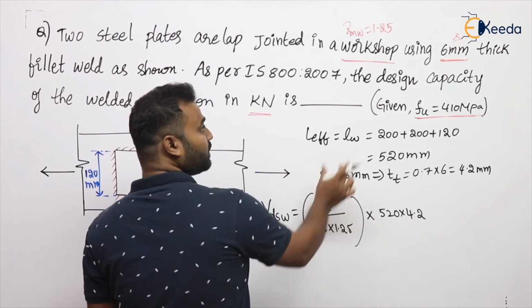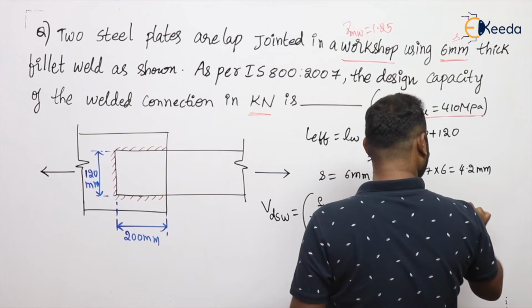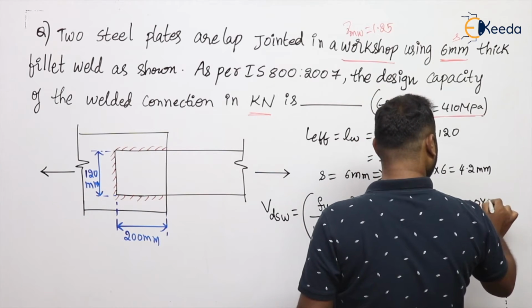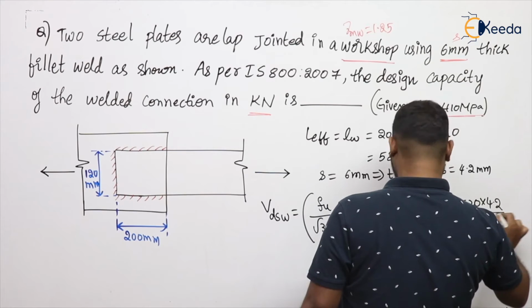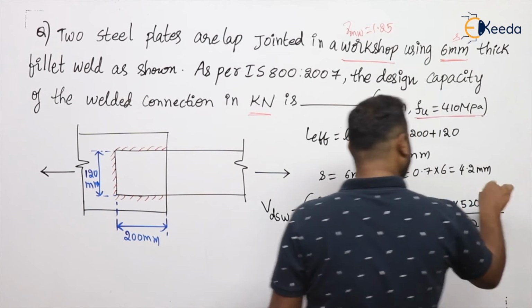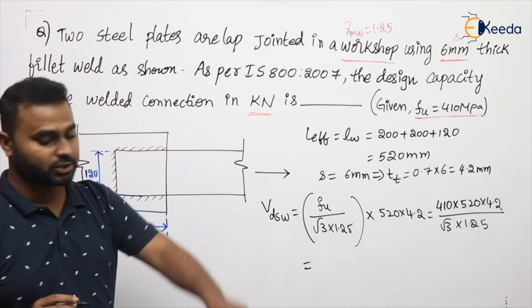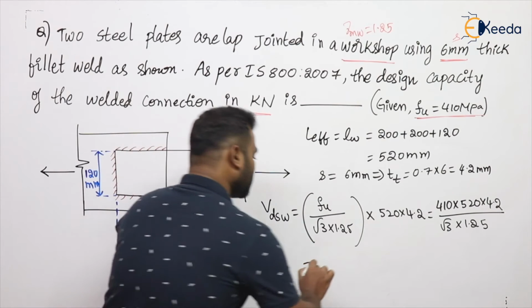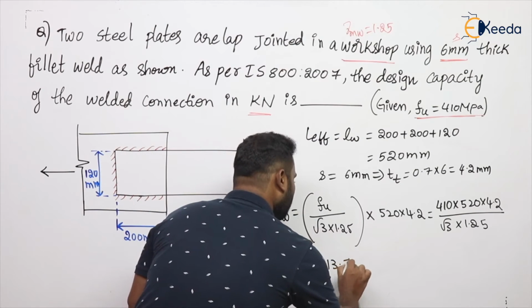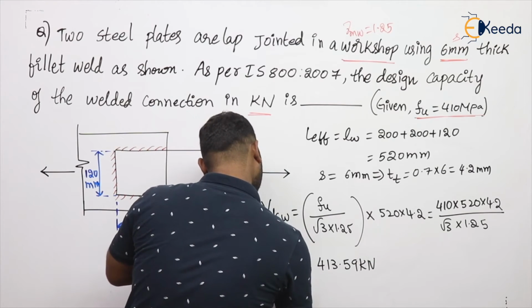We know that f_u is 410. So 410 into 520 into 4.2 divided by √3 into 1.25. Upon simplifying this calculation, we get the answer, 413.59 kilonewton. So this is the answer for this question.